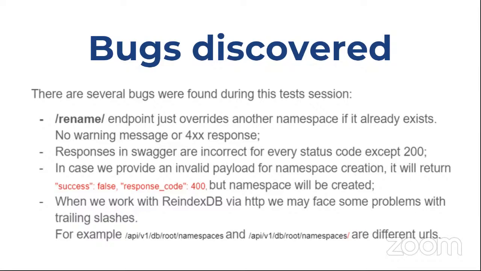In case we provide an invalid payload for namespaces, it will return success false and response code 400, but the namespace will be created. And also, when we work with the Reindex database via HTTP, we may face some problems with trailing slashes. For example, in this case on the slide, there are different URLs.